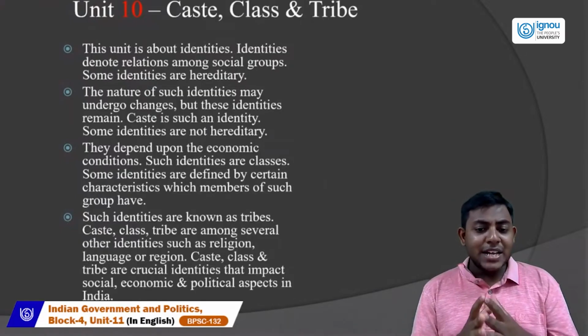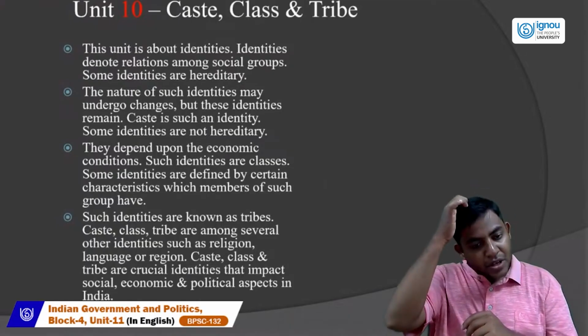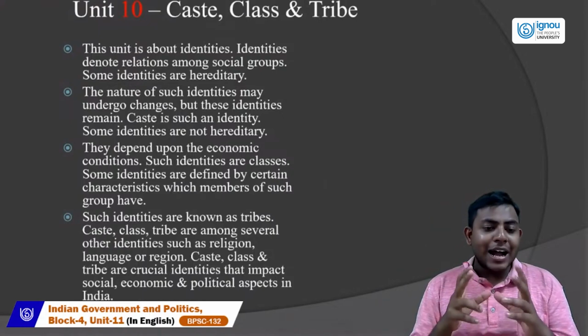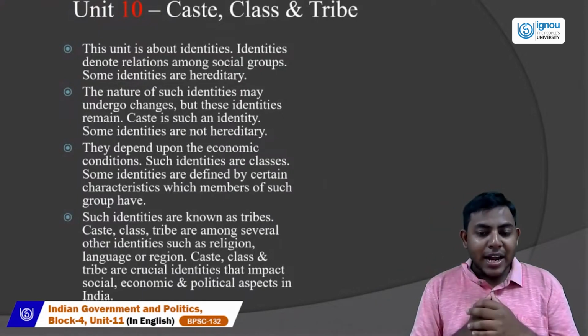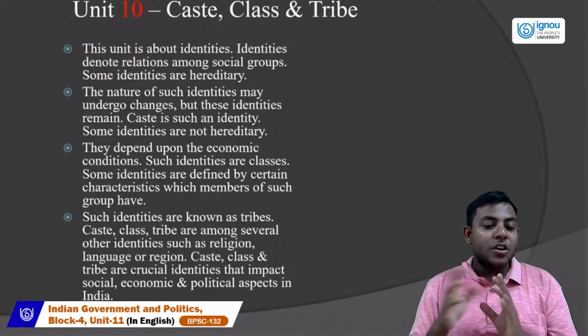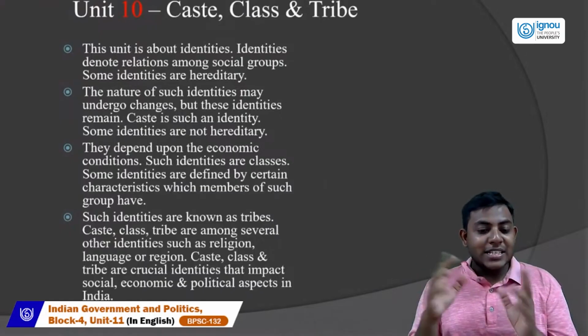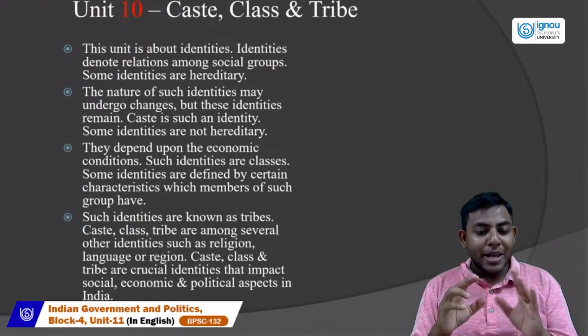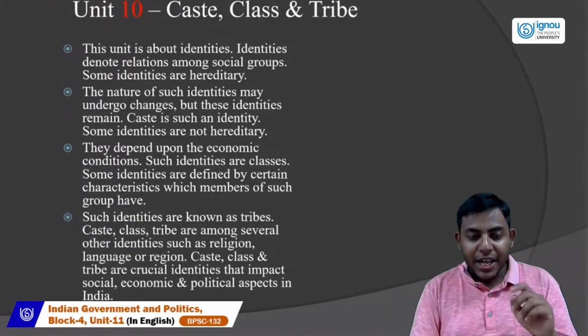Some identities are defined by certain characteristics which members of such groups have, and these are known as tribes. Caste, class, and tribe are among several other identities such as religion, language, or region. They are crucial identities that impact social, economic, and political aspects in India.